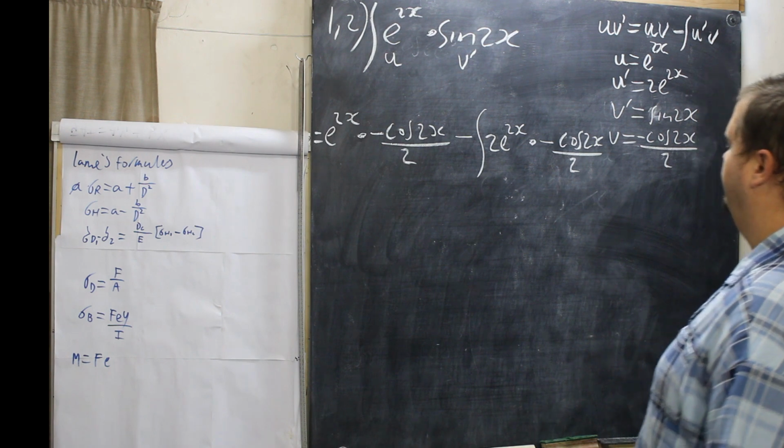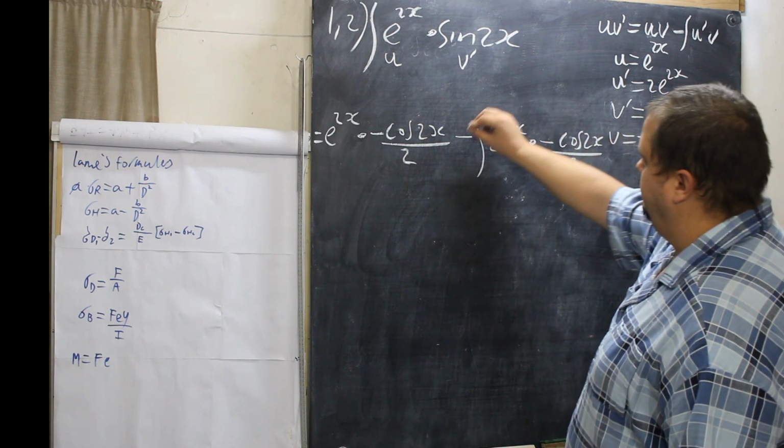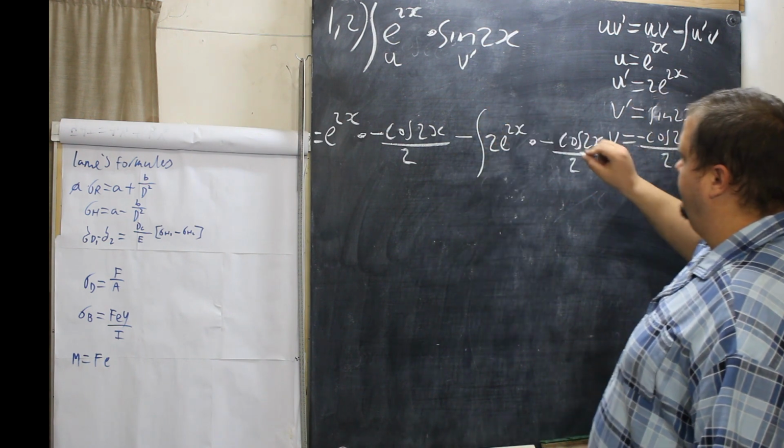Minus times a minus becomes a positive, and 2 over 2 cancel.